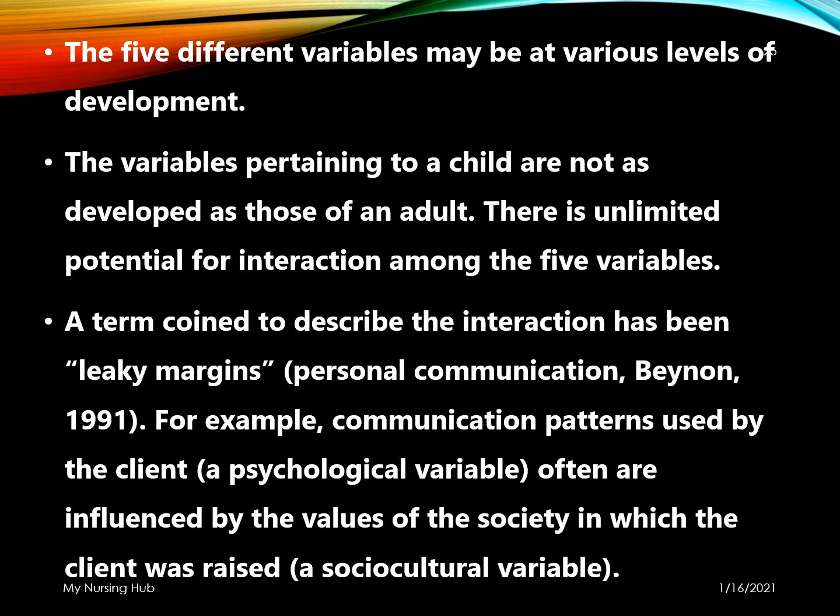Communication pattern means a person's psychological variable, which is often influenced by the values of the society in which the client was raised. So we know when we go to different places, our language or the way of communication is different from the communication of another person. That depends upon how we were raised in the society.